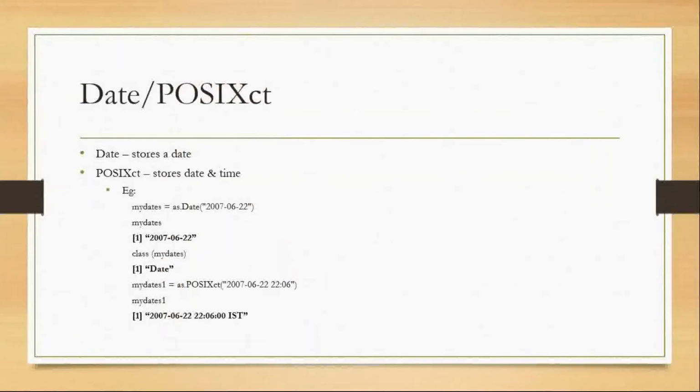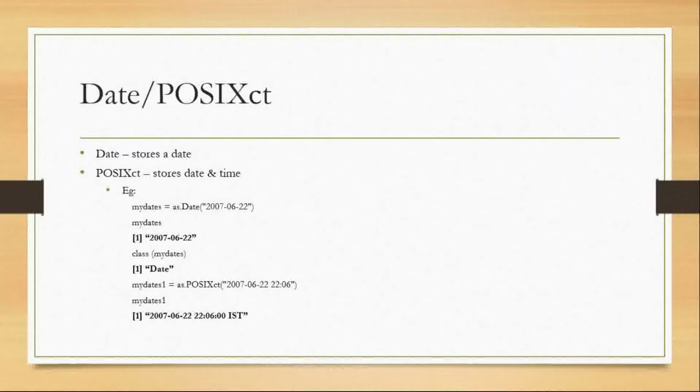Now let's move on to the next data type, which is Date and POSIXct. As all of you know, Date stores a date, for example, today's date, which is 5th February 2021.